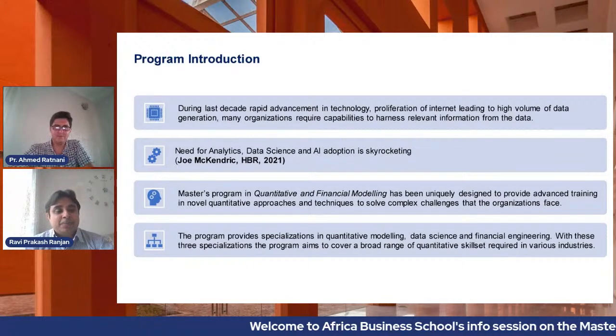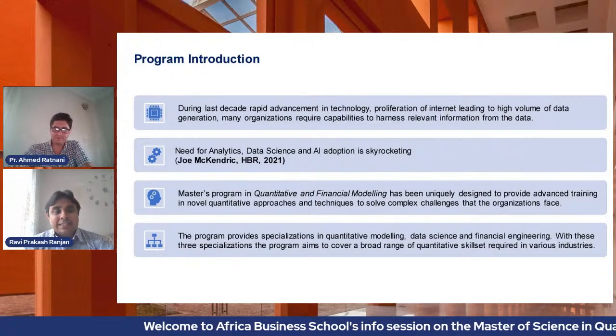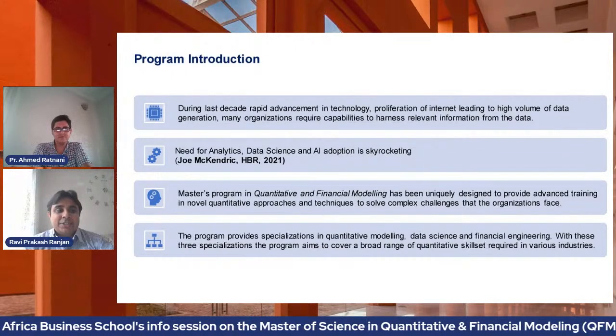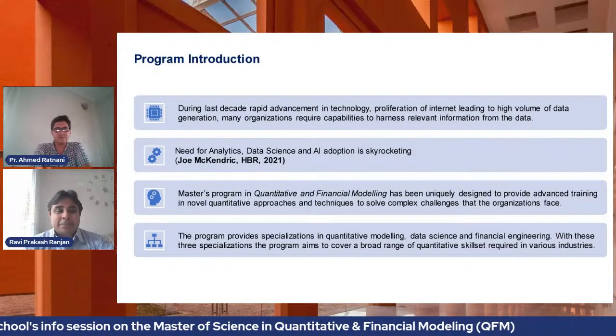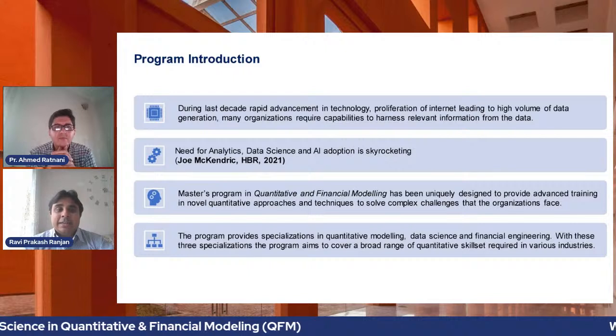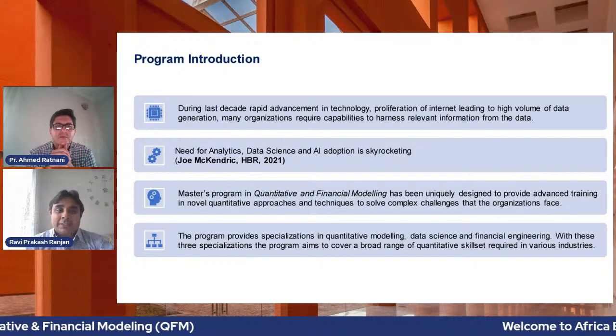For example, in the last year's statistics, at least 10 countries in Africa have reached 60% internet access in their population, and this has made it increasingly important for our organizations to embrace this change.